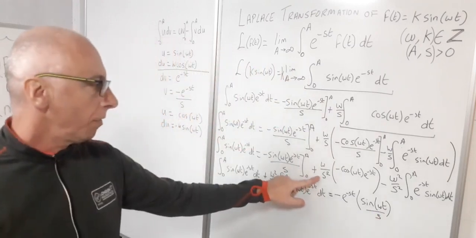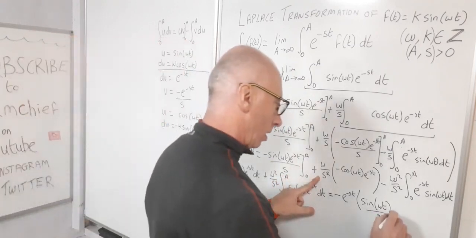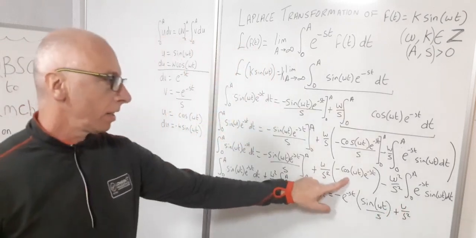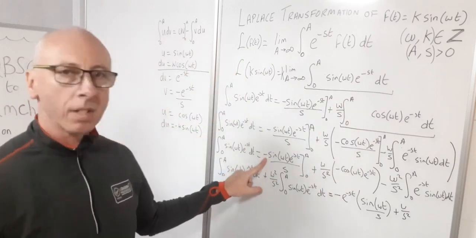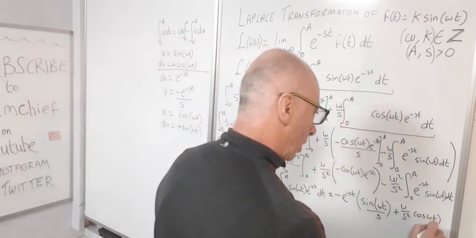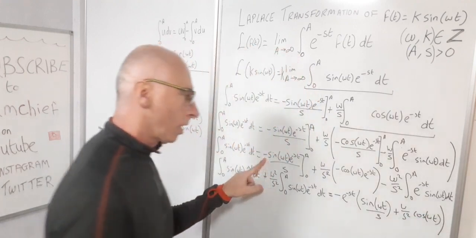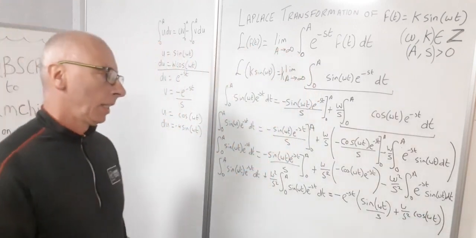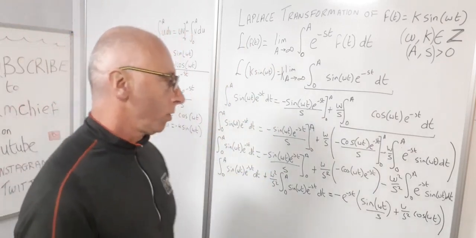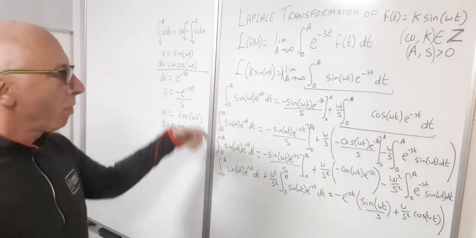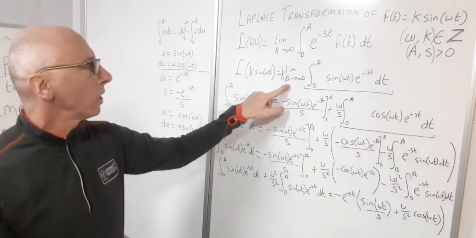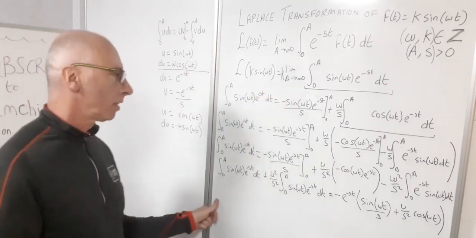And then here I'll have positive w over s squared, and then cosine wt, because my minus sign will already be out front. So cosine of wt. That will close off my integral there. Okay, now that's where we're up to so far on our integration. Let's bring that up top, and then let's see if we can find our solution with our limit put in as well. So let's do that next.